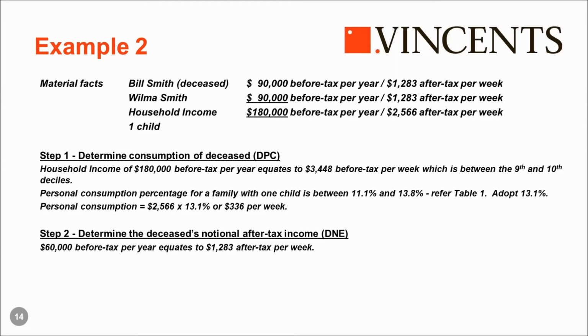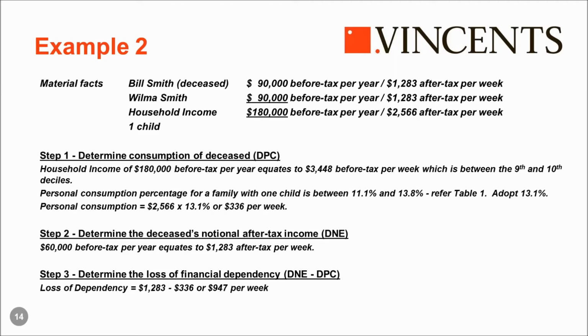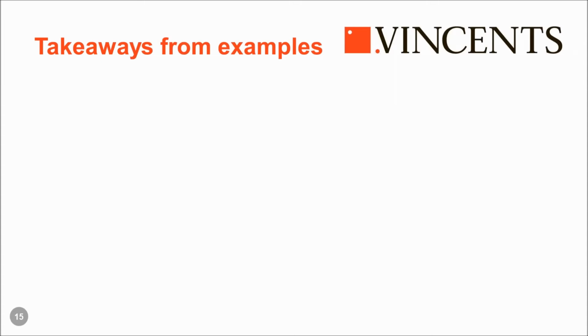We then use that personal consumption amount in conjunction with the deceased's income to calculate a loss of dependency of $947 per week. Again, just to put that in context, it's comparing a personal consumption of $336 a week to the deceased's income of approximately $1,300.